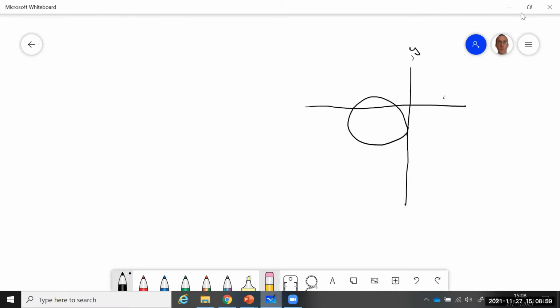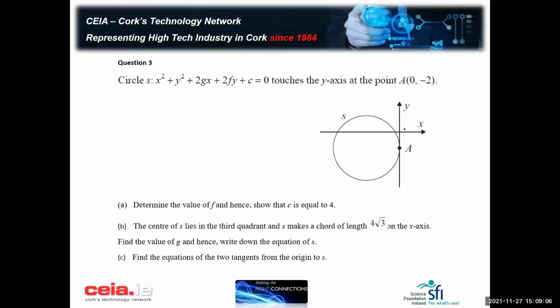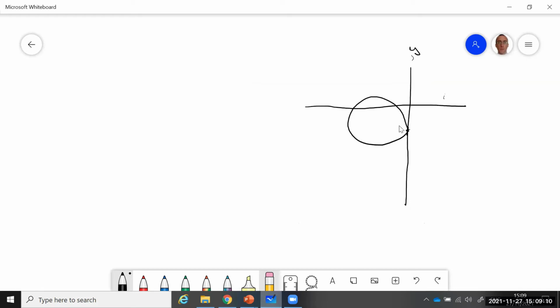And we are told, he does say that, doesn't he? Yes, it touches the y-axis at the point A (0, -2). So therefore we can say that the x-axis is a tangent to the circle.